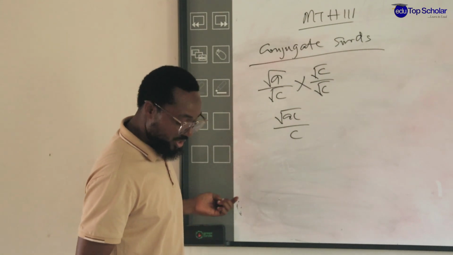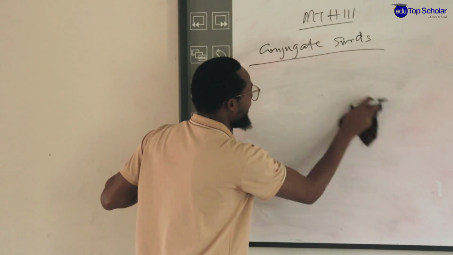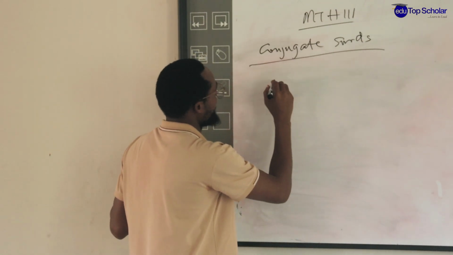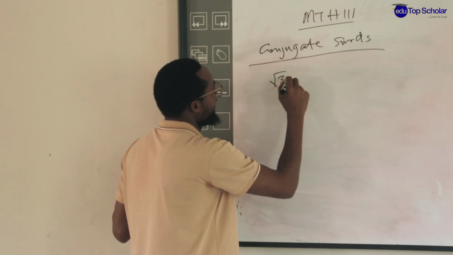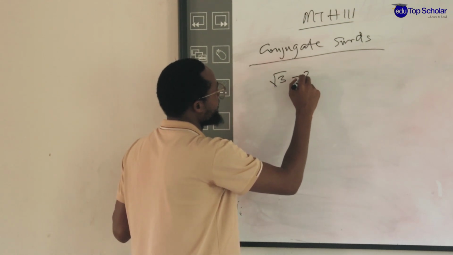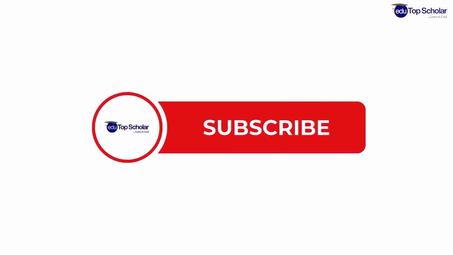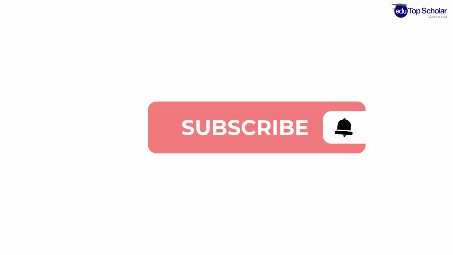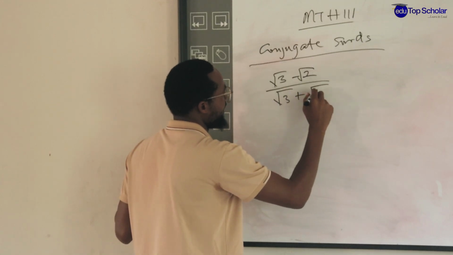By extension, if we now have addition or subtraction of two surds, for example, root 3 minus root 2 over root 3 plus, let's say, root 5.